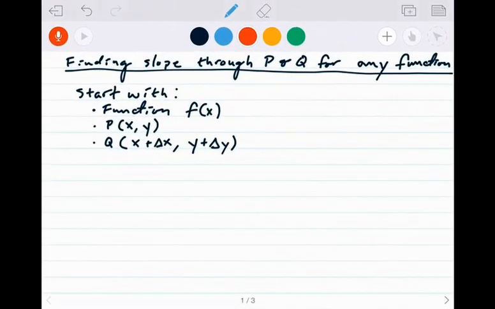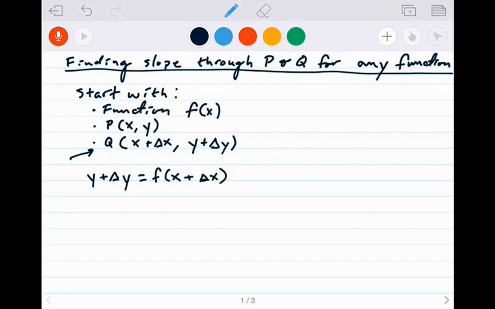So now let's jump to this, which will allow us to work through it. We've got our function f of x, we've got P, and we've got Q. We just talked about functional form, and we know for point Q that the output part, y plus delta y, is just f of x plus delta x.